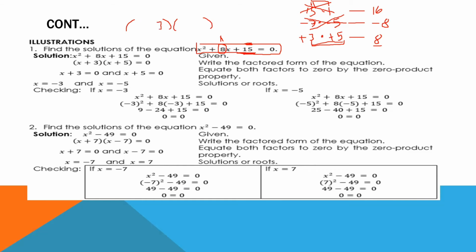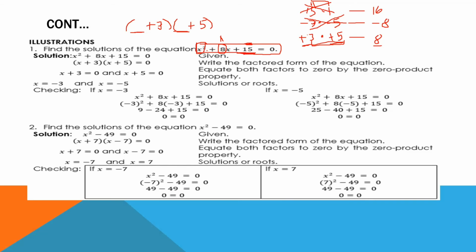So, 3 and 5. So, ano ba yung magiging sign niya? Kung ano yung sign ng factor natin, yun din yung sign dito. So, since positive yan, so positive din dito or plus. And then next, to get the missing factors dito, we need to factor the quadratic term.